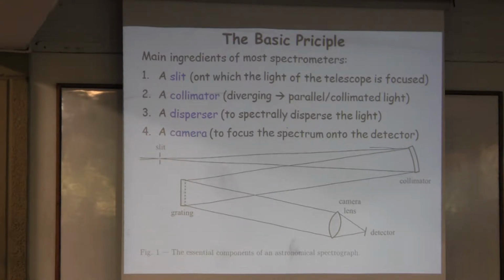When you assemble it, you will essentially have a configuration like this without that part. So we're missing the collimator there because it has to be simple. And this camera lens, this is essentially your eye. This is the pupil of your eye, and it's focusing it here on the retina, and your brain is here.